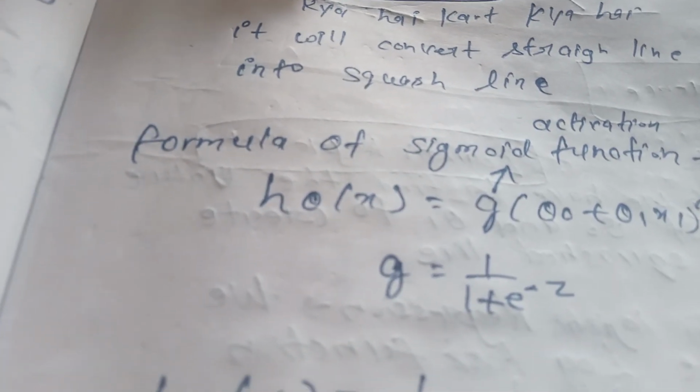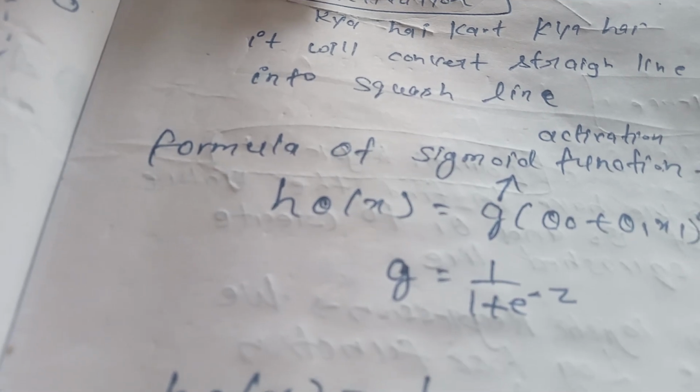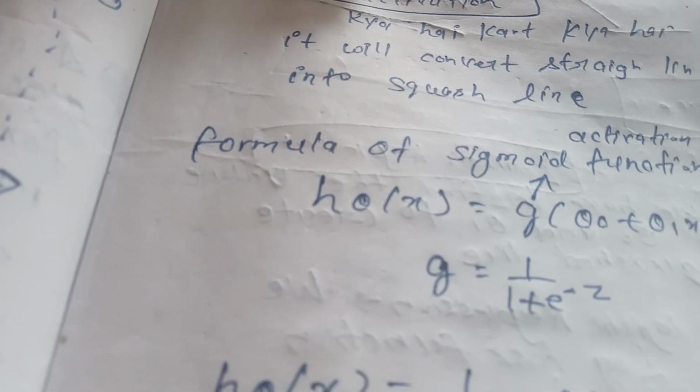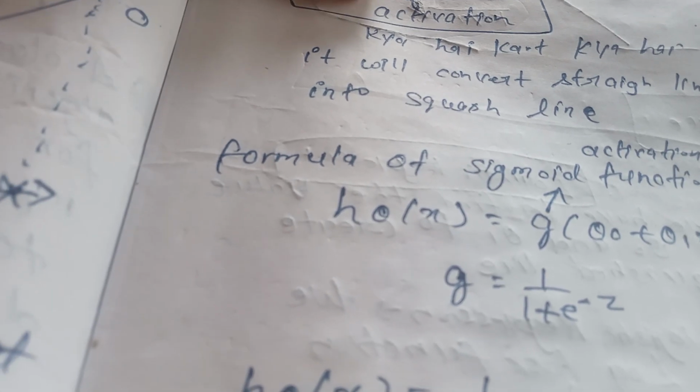So here you can see we have a formula S theta of x and g, and then in the bracket we have theta 0 plus theta 1 x1.